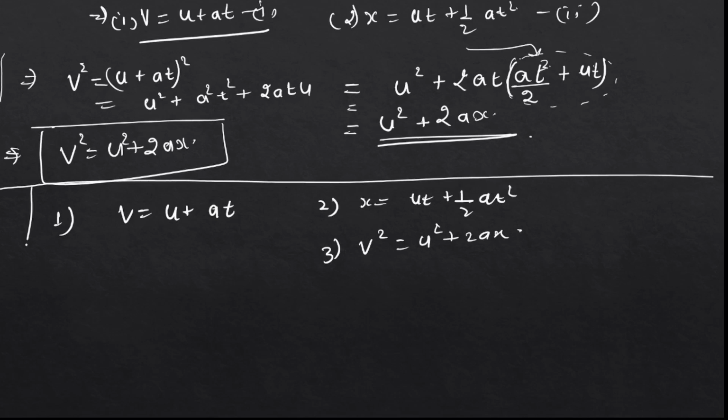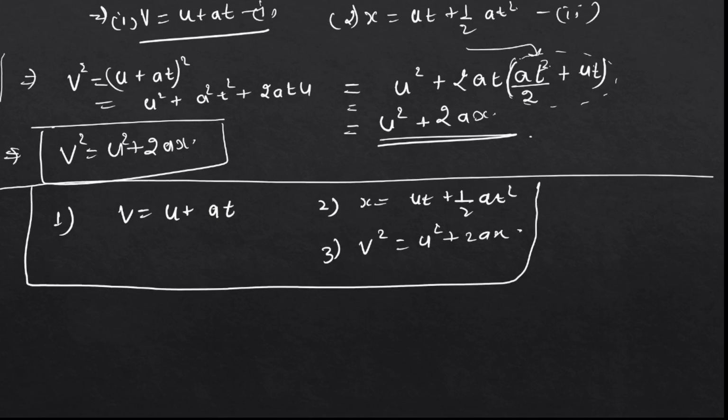Remember, you can use these equations when there is constant acceleration, and secondly when motion is in a straight line. If motion is in the plane, then you cannot use these directly. You need to take the components of these equations, which I will tell you how to do.